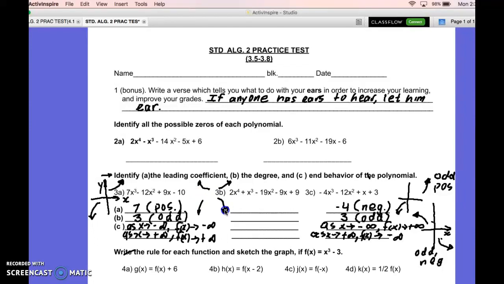Okay, so that would give you a little bit of a clue, but you do all of it. You do the leading coefficient, do the degree, and so on for this one. All right, I want to do some of these down here with you. It says write a rule for each of the function and sketch the graph. It's f of x equals x cubed minus 3. So let's take a look at a few of these together.